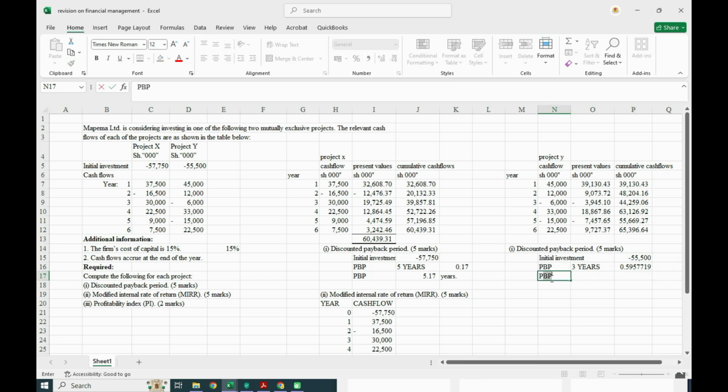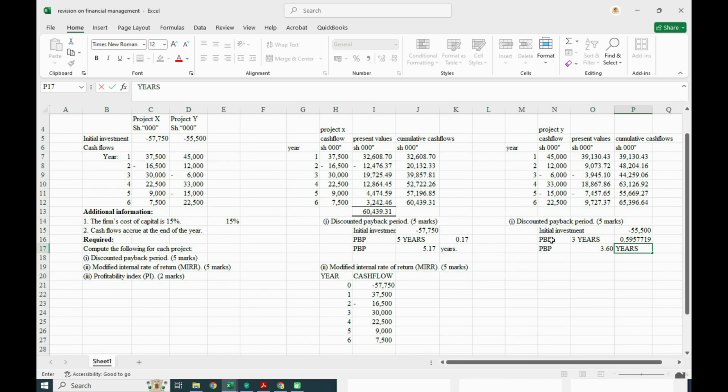So our payback period will be 3 plus this one, reduce the number to 2 decimal, so 3.6 years.